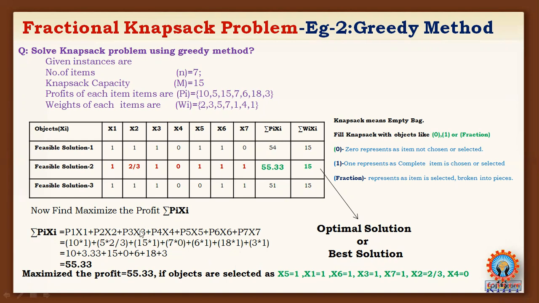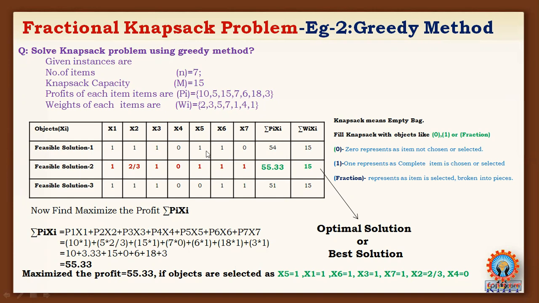So here I have exercised the given problem with three feasible solutions. In solution one, this is the way I place the items or objects into the bag. I place the complete first object, complete second object, complete third object, and the fourth object is not selected.